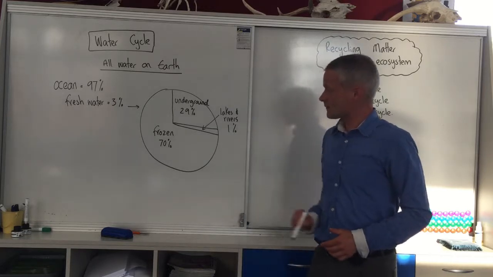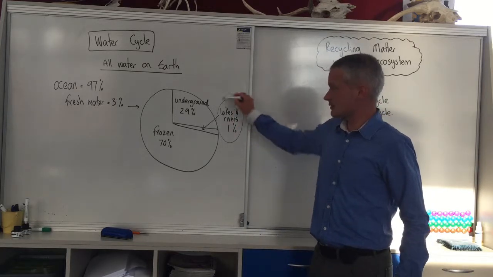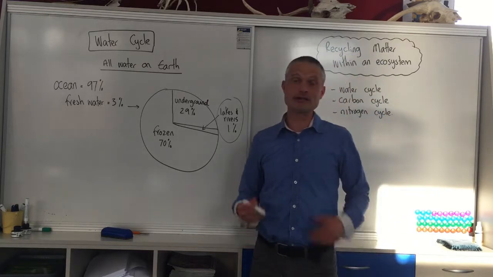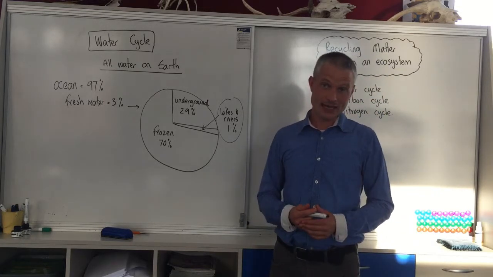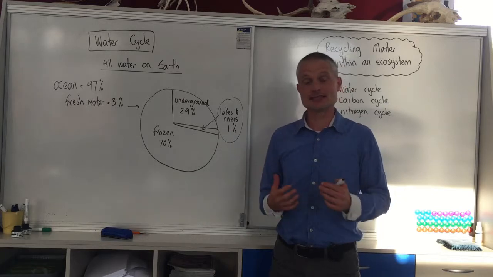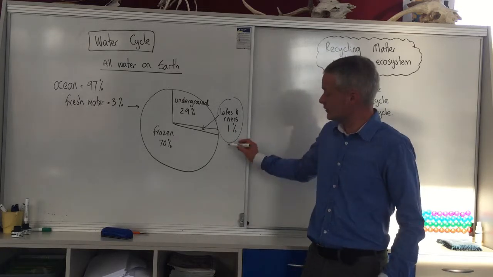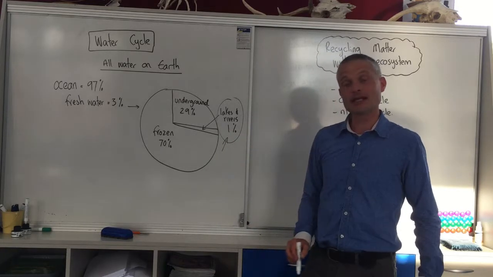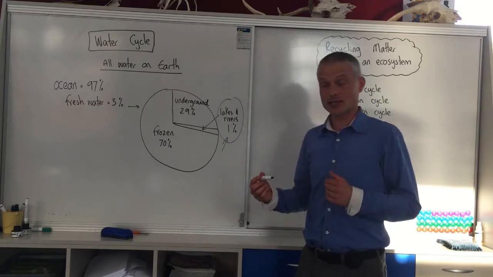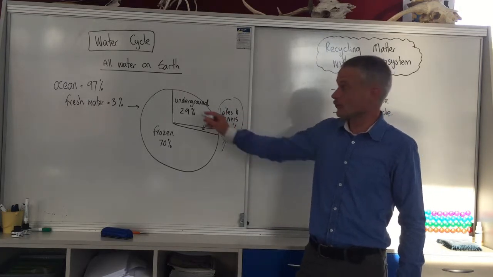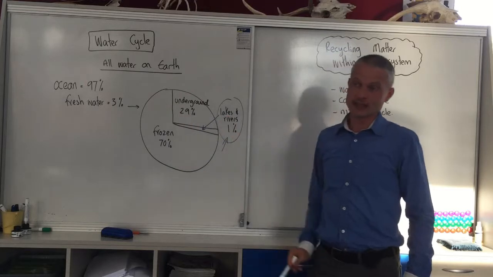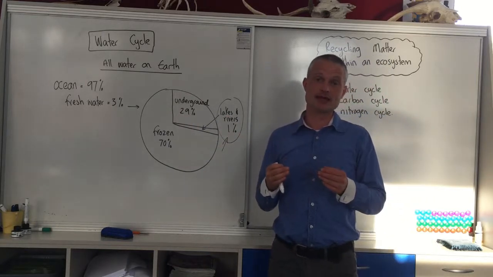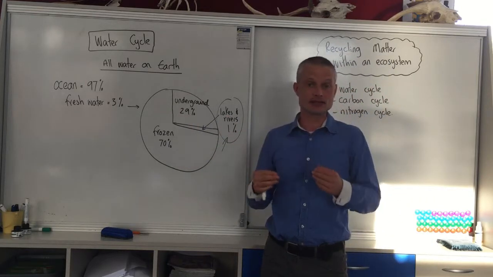So the other 1% is the part that is most readily renewable, and for creating a sustainable agricultural system, we really need to focus on sourcing our water from this 1% of all available fresh water, and making sure that our sourcing of it is sustainable.